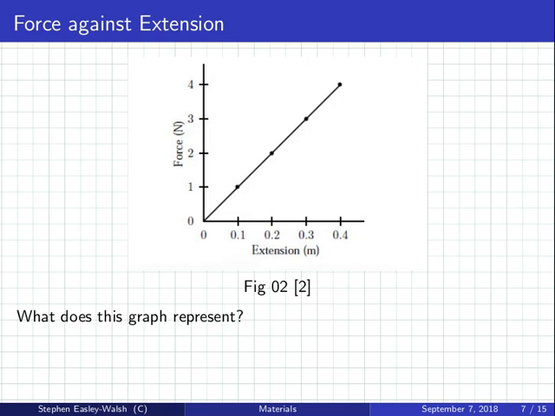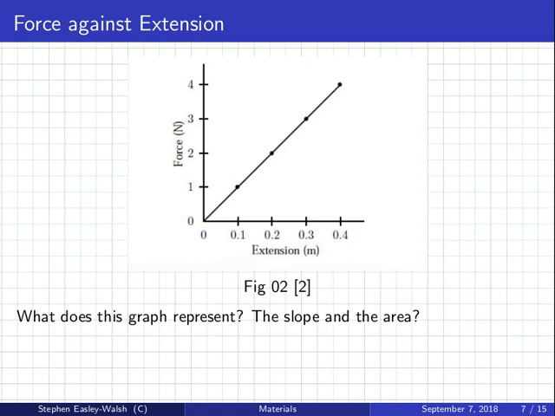It should be higher up, a bigger slope. And if it's a flexible material, it'll be lower down. So this is a force against extension graph, and the slope of the graph represents the k. So this is an experiment you could do to calculate the k.